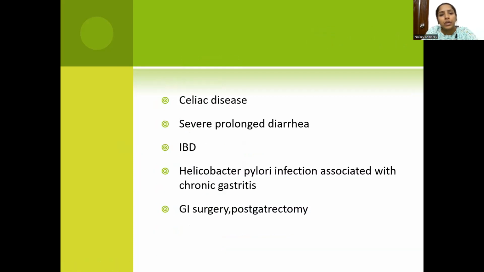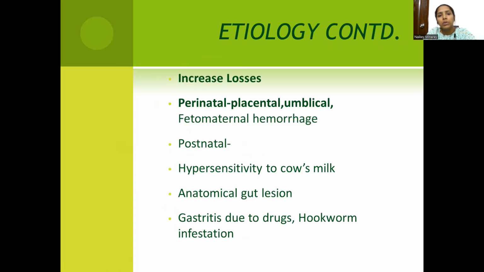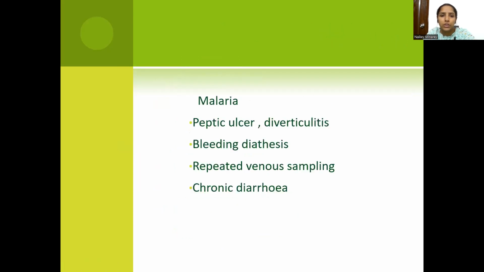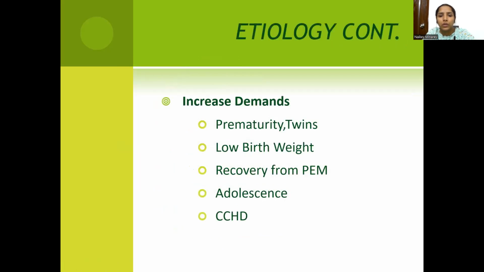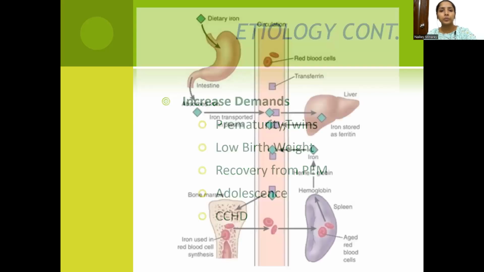Celiac disease, severe prolonged diarrhea, ischemic bowel disease, and a few GI surgeries can cause it, or it can be due to increased losses postnatally: hypersensitivity or allergy to cow milk, gastritis due to drugs, worm infestation, or gut anatomical abnormalities, malaria, infections, peptic ulcer, bleeding diathesis, and chronic diarrhea can lead to deficiency of iron. It can also be due to increased demand during prematurity, adolescence, in cyanotic CHD patients, and malnutrition.